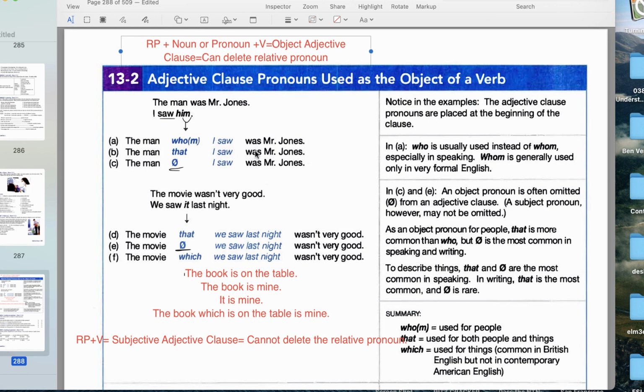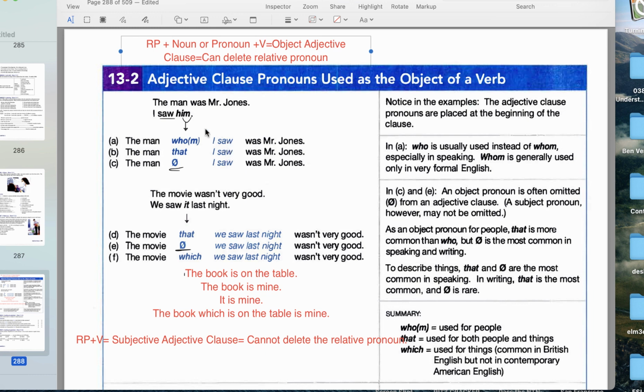The man was Mr. Jones. I saw Mr. Jones. So the man I saw was Mr. Jones. The man basically is what it's saying. That man I saw. Okay? Or we can say the man I saw was Mr. Jones, because we have this subject I to tell us who is the subject of that adjective clause.